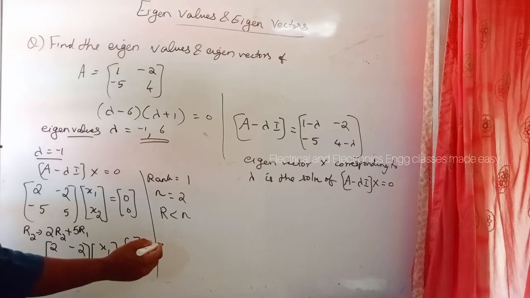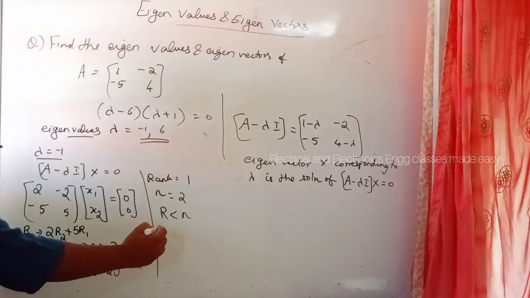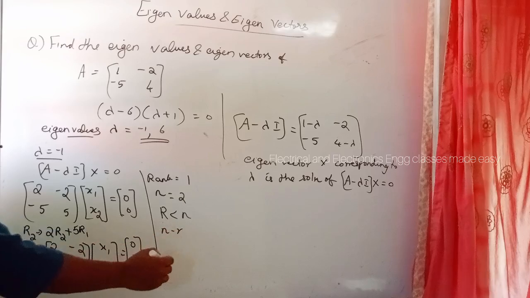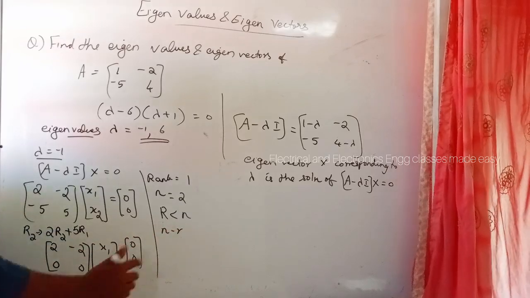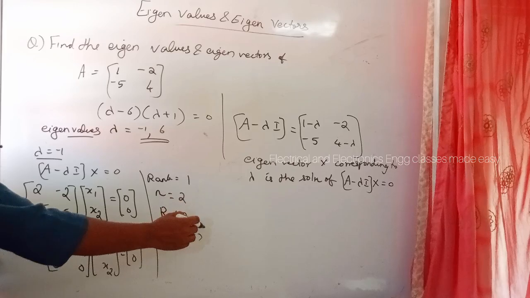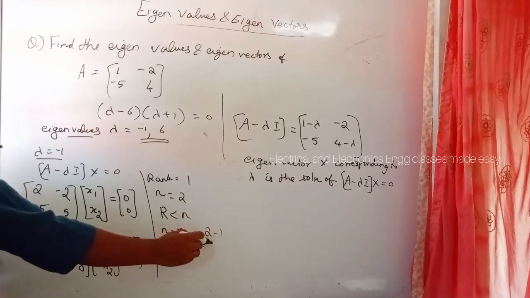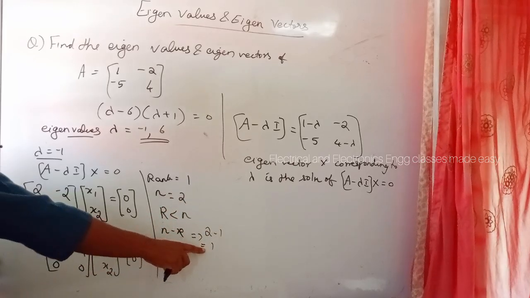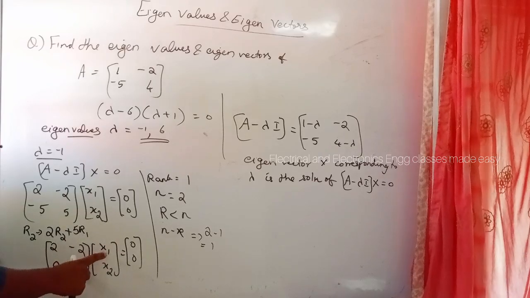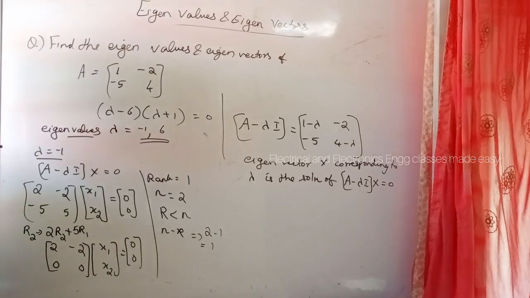So we have to assume values for n minus r variables, that is 2 minus 1, one variable, and then find x1 and x2.